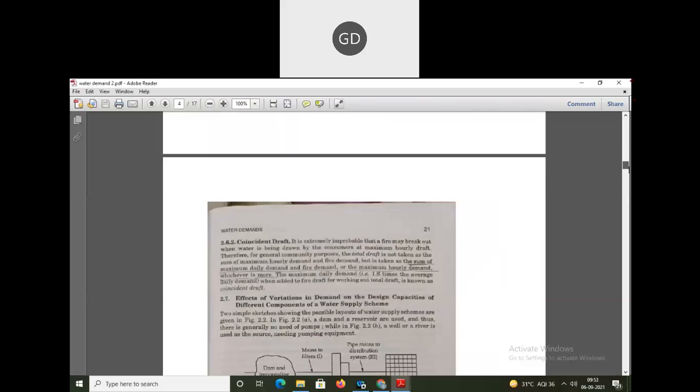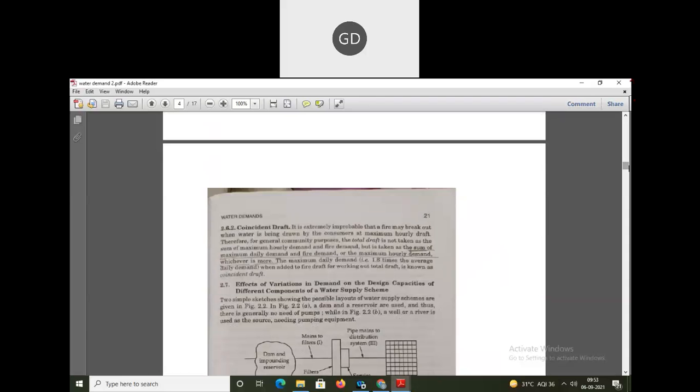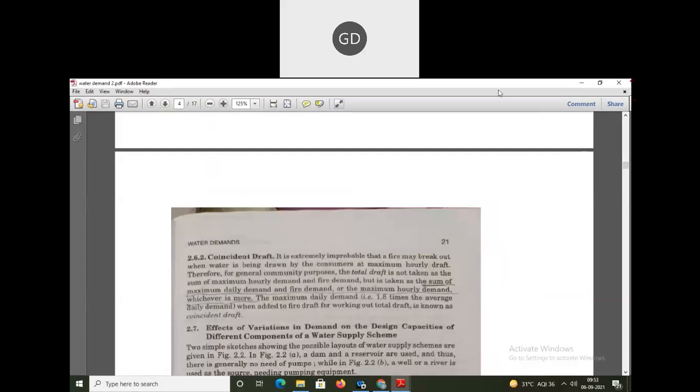Next we come to one term which is known as coincidental draft. Coincidental draft is, generally, a summation.